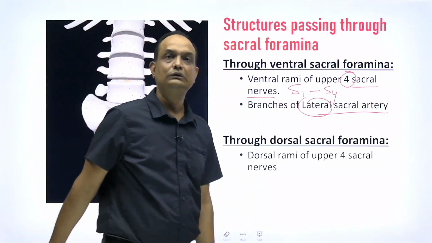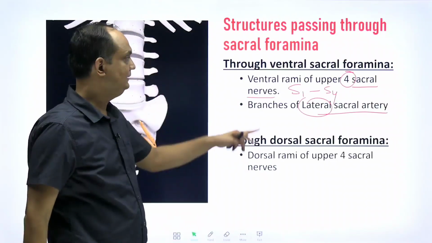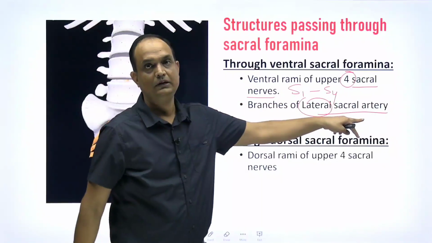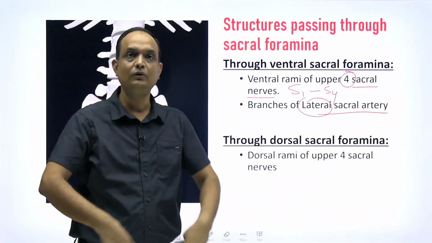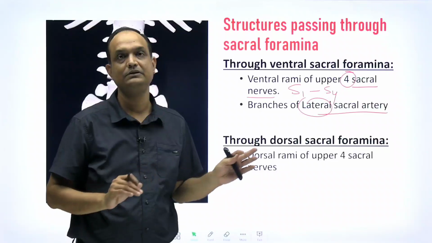You have to understand that there is nothing like S5 here. Why not S5? Because the fifth nerve will come out from the sacral hiatus, which we will see.